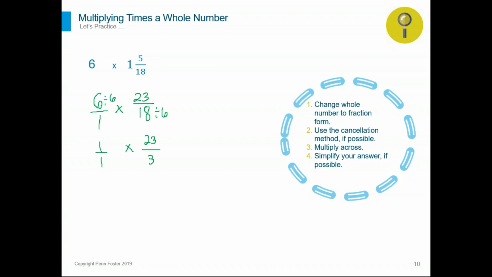Now, the problem is much simpler. Nothing to be eliminated further, so multiply across. 1 times 23 is 23, and 1 times 3 is 3.